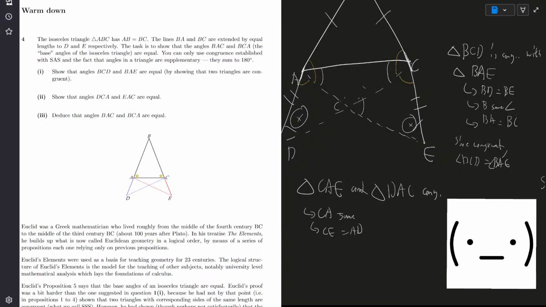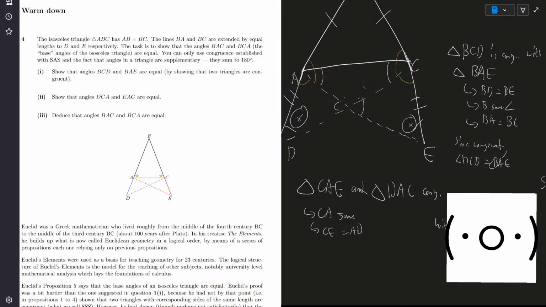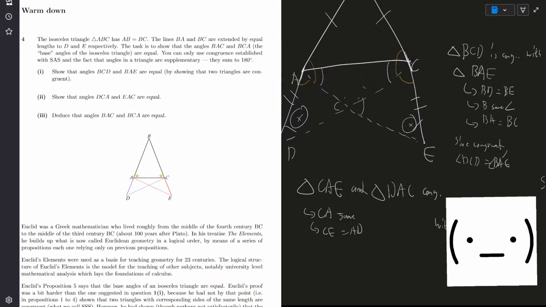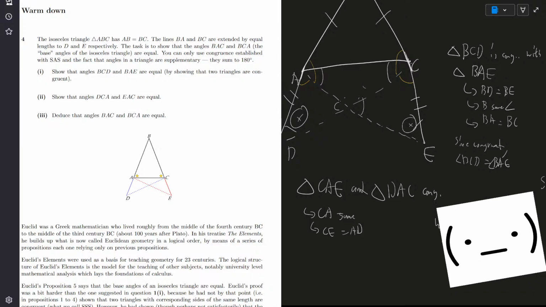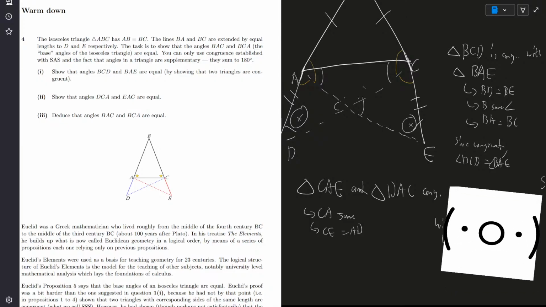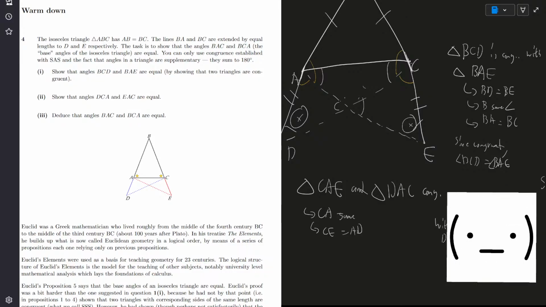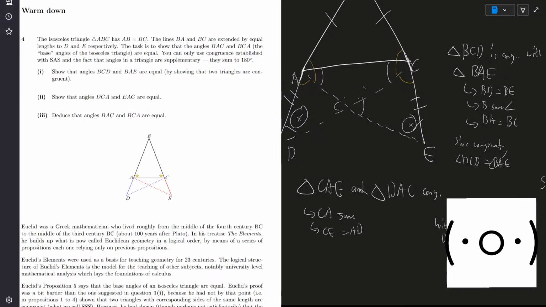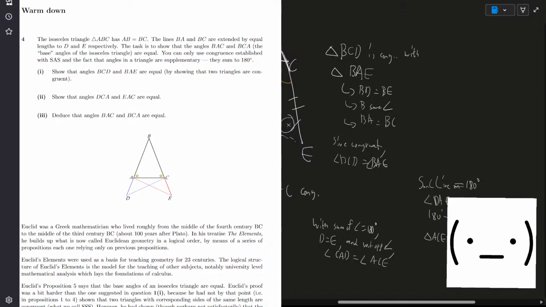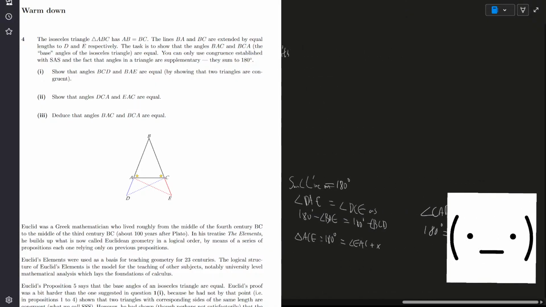So we can prove, with sum of angles equal 180, D equals E, and vertically opposite angles, that CAD equals ACE, which is true.